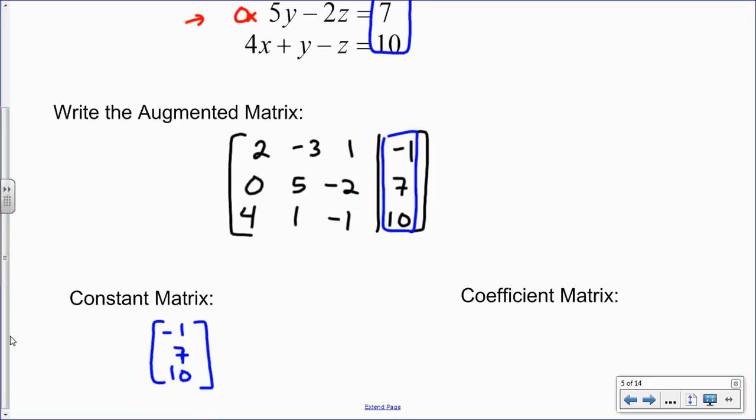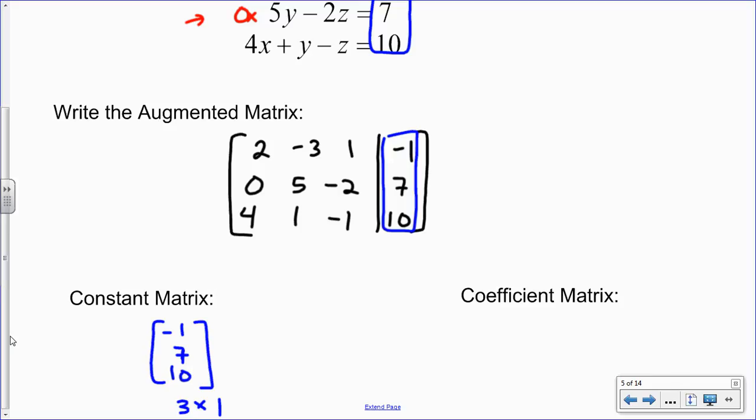So what would the size of this matrix be? How many rows are there? So rows, remember, are horizontal. Okay, so 1, 2, 3 rows. And then how many columns? Just 1. That's a 3 by 1 matrix.